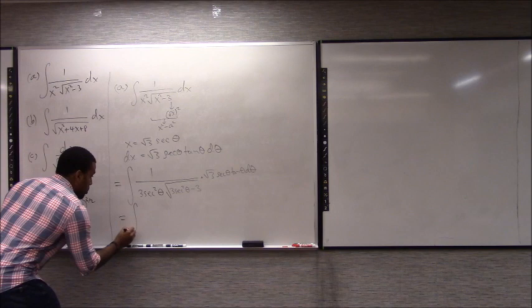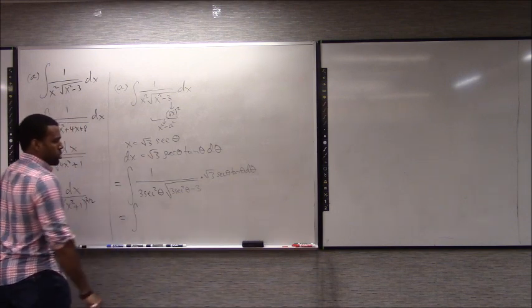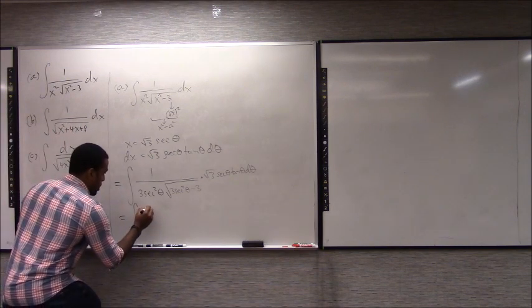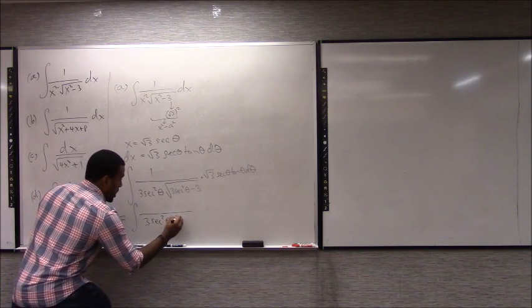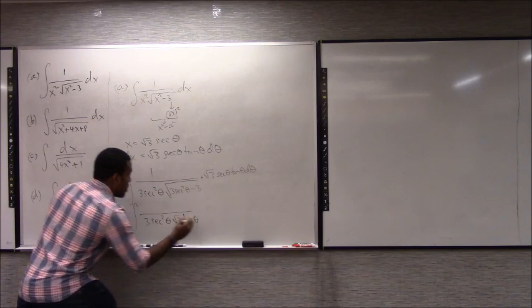Now, of course, the secant squared minus 1 becomes tangent squared, so that simplifies to radical 3 tangent theta.